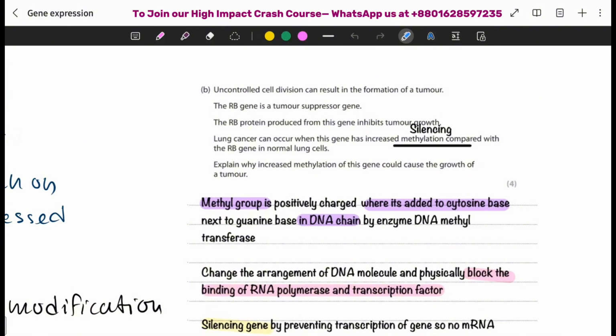Lung cancer can occur when this gene has increased methylation compared to normal. So we have to explain why increased methylation can cause the growth of a tumor. We know the methyl group is added to the cytosine base in the DNA chain by the enzyme DNA methyltransferase.